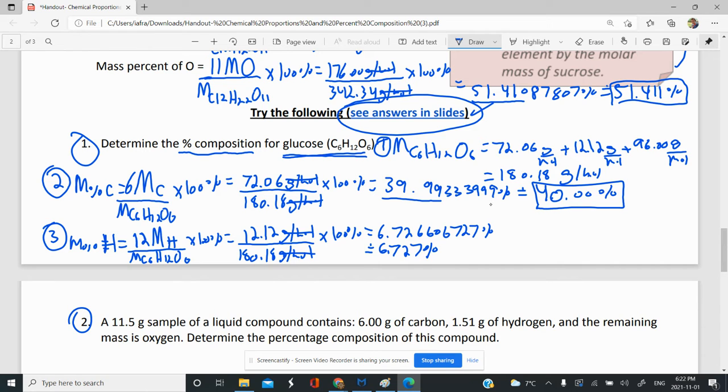And now we'll finish up by doing the mass percent of oxygen. I'm not going to write out all the steps like I did before, but mass percent of oxygen is going to be equal to the 96.00 grams per mole divided by 180.18 grams per mole. Cross those out, times 100%.